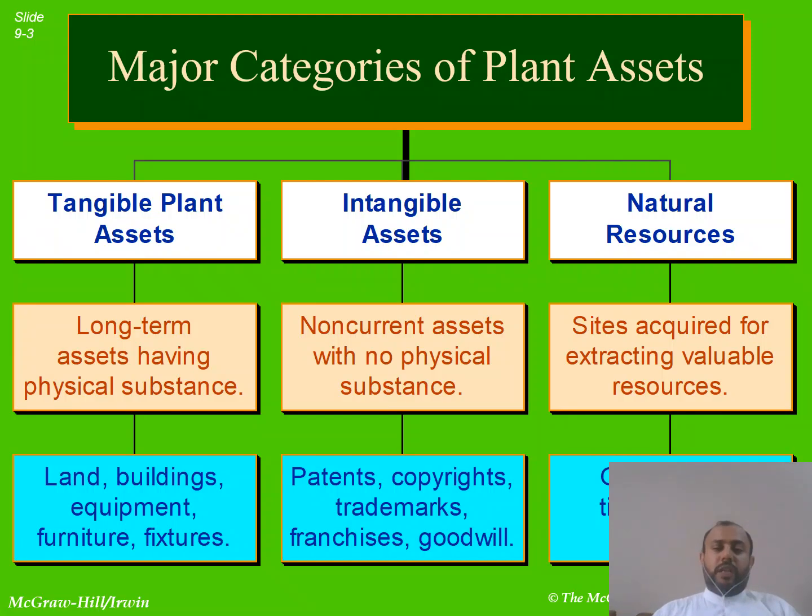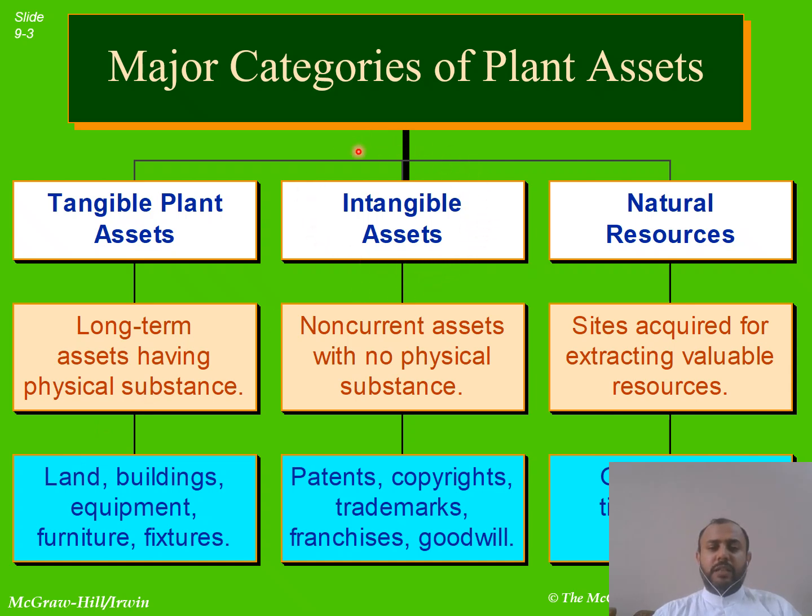You can see on the screen the major categories of plant assets. One is tangible plant assets, which we purchase for long-term use, and those have physical existence. For example, land, buildings, equipment, furniture, fixtures. These are fixed assets and these are called tangible plant assets. Second is intangible assets.